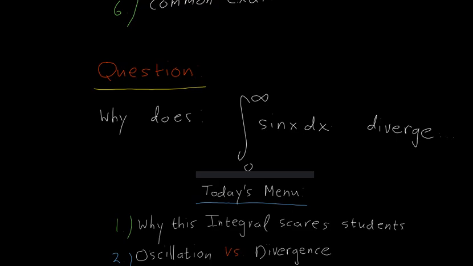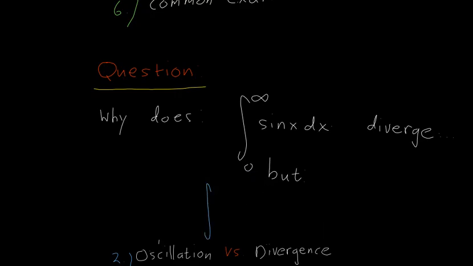But on the other hand, we have this integral, the integral from 0 to infinity of e to the power of negative a x times sine bx dx, which converges.